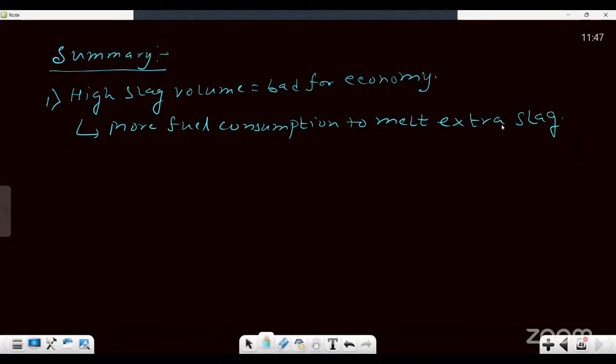So lower productivity, it is going to hamper the productivity. A well-designed slag is something which we need for good furnace operation. So well-designed slag is going to help us in achieving good furnace operation. And maintaining proper basicity of the slag is also very much required for proper removal of sulfur and phosphorus.